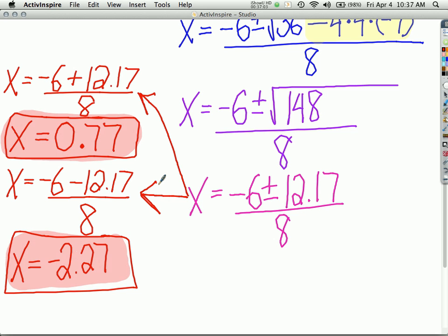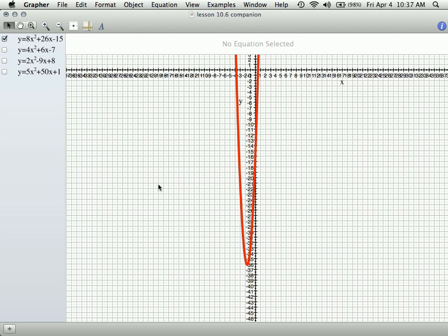Okay, now I want to show you something. Anyone know what we're looking at? Oh, a bunch of people know? Oh, that's impressive. Davis, what are we looking at? A parabola. We are looking at a parabola. Anyone know which parabola we're looking at?